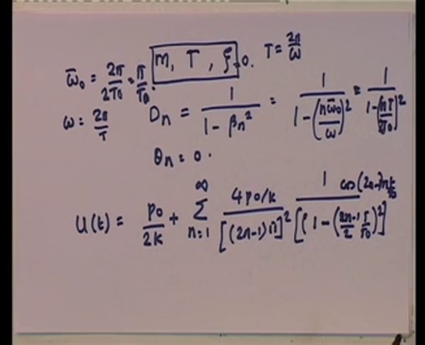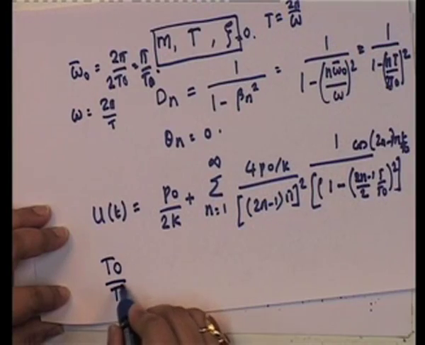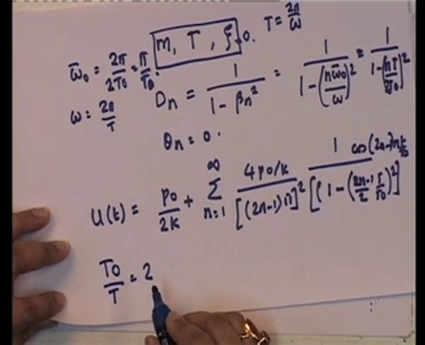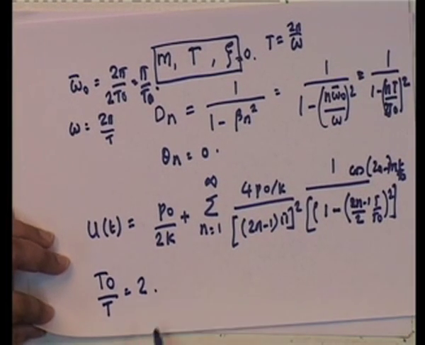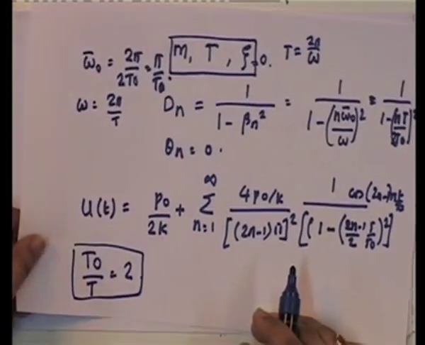Now, let us look at some issues. Okay. I am going to take the situation where t naught upon t is equal to 2. Let us take this specific situation and try to see what kind of a solution we get for this particular equation.